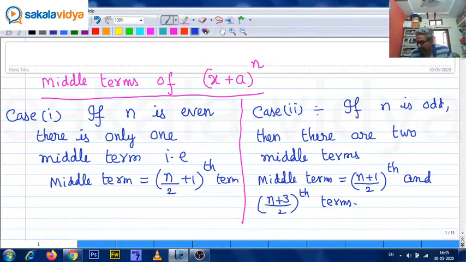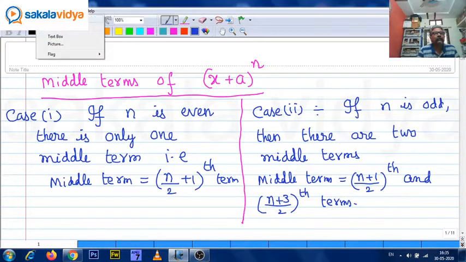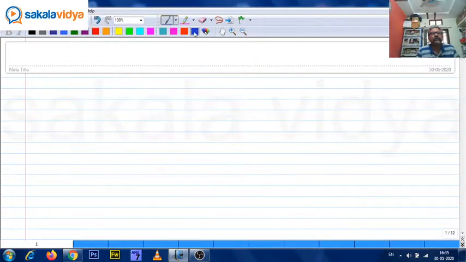If you are asked for the largest coefficient, you need to find the coefficient of the middle term. So next is the largest coefficient of all the coefficients.